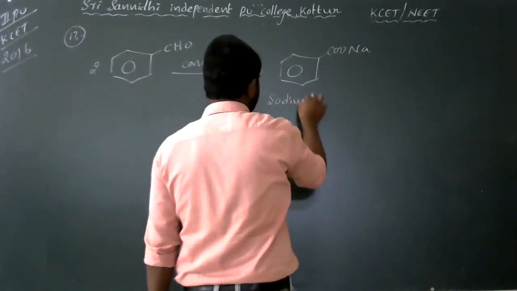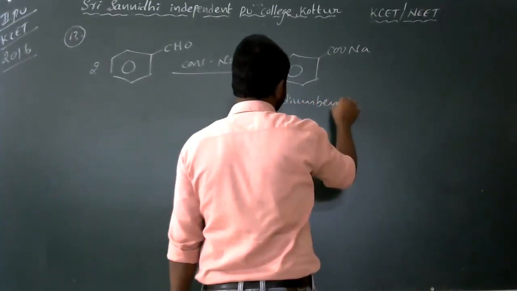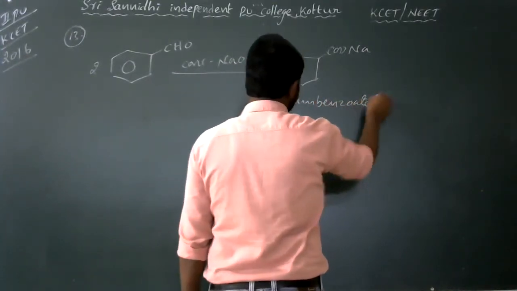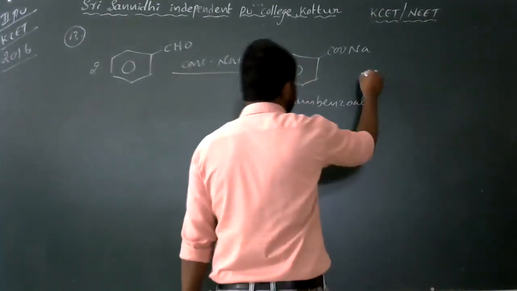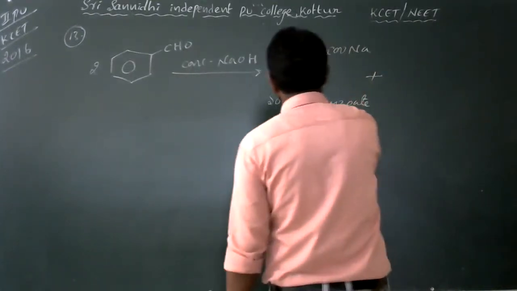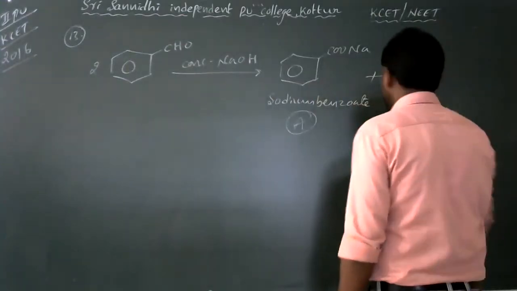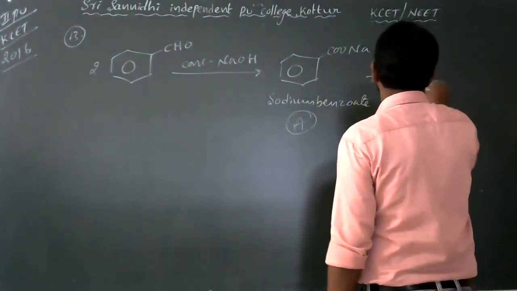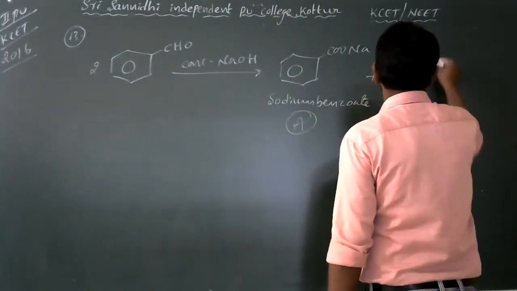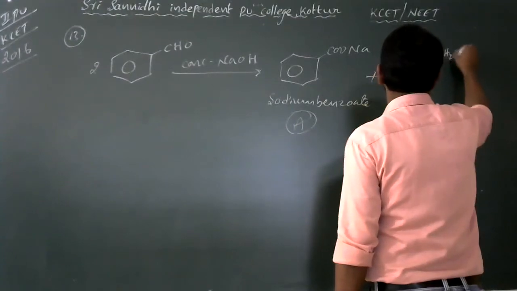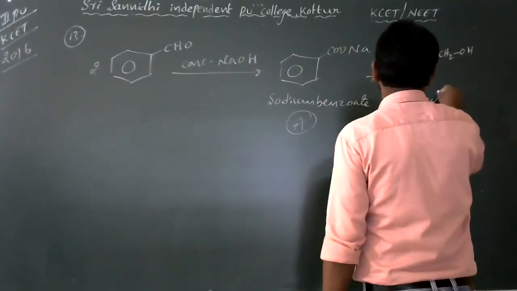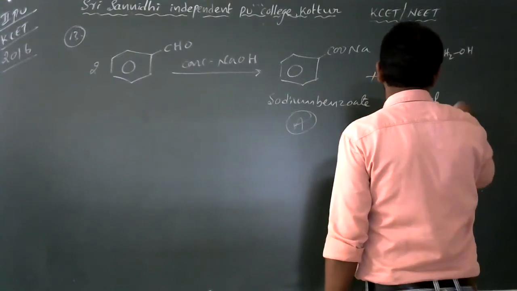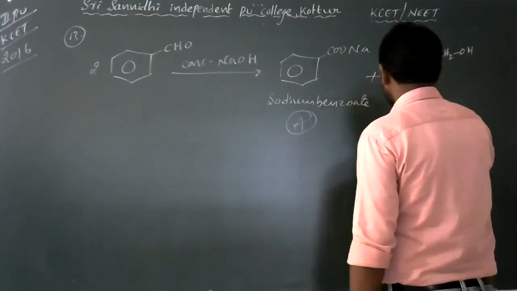Sodium benzoate is used as a food preservative, and that is compound A. Compound B formed is benzyl alcohol, C6H5CH2OH. Benzyl alcohol is formed, so compound B is this.